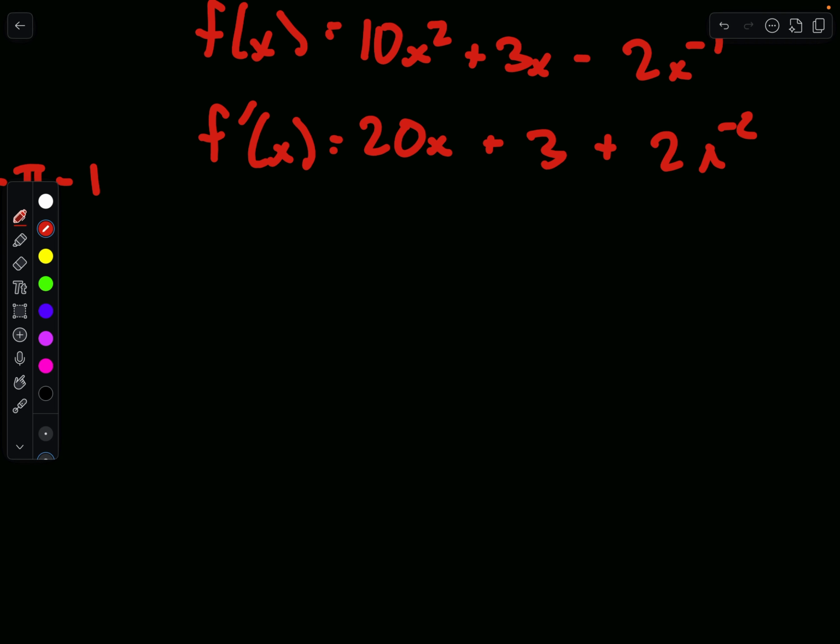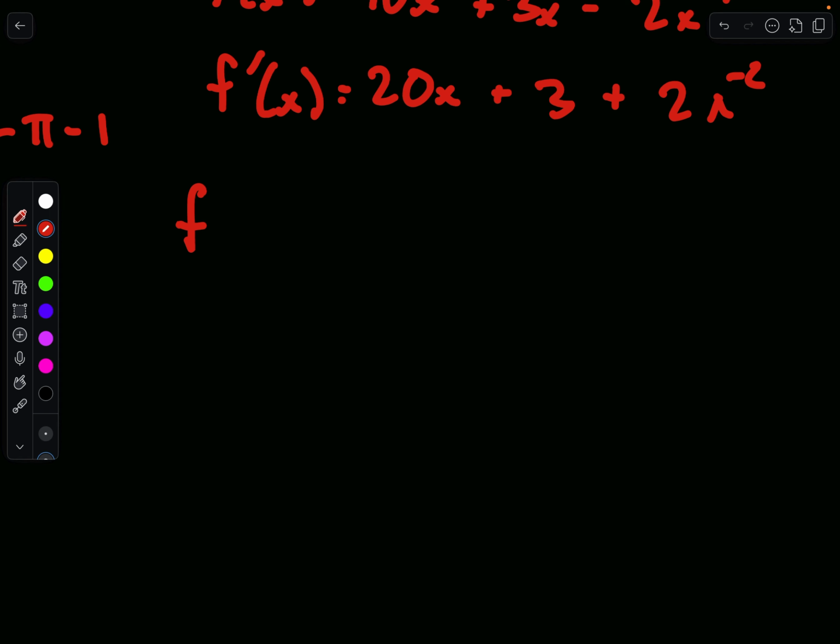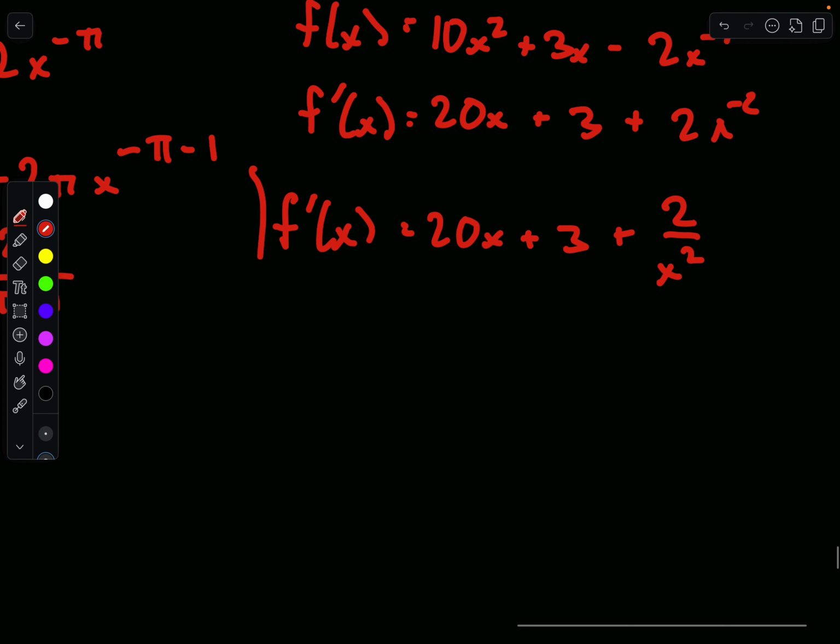That is f prime of x. And we can simplify this to get 20x plus 3 plus 2 over x squared. And those are our answers.